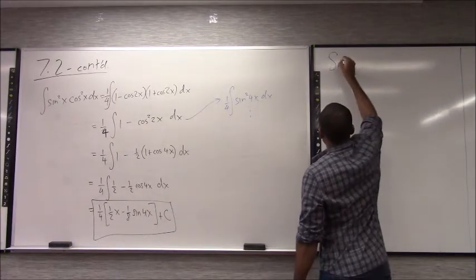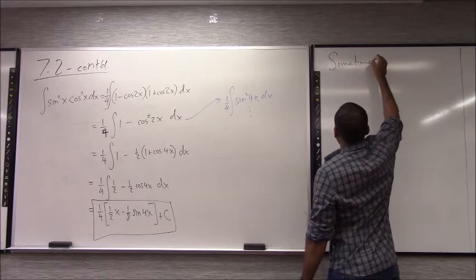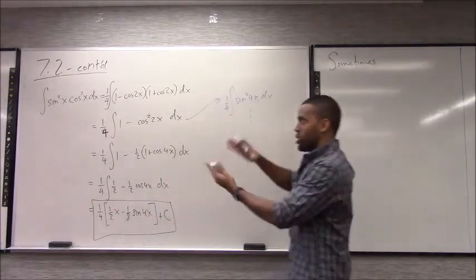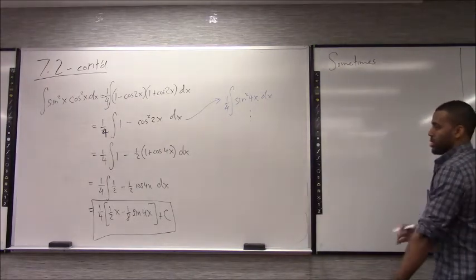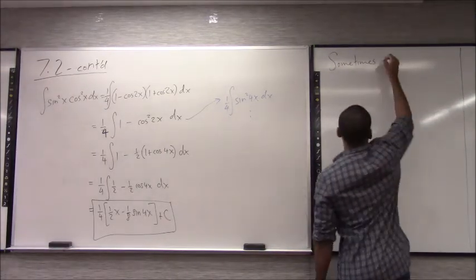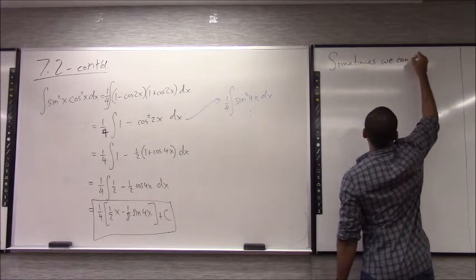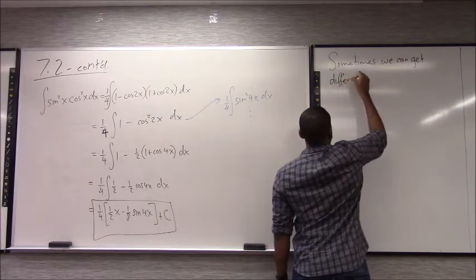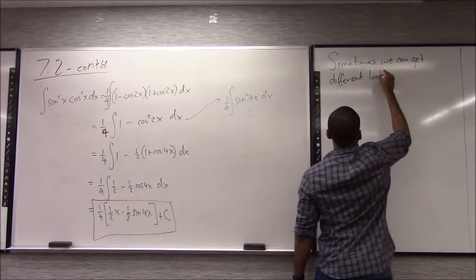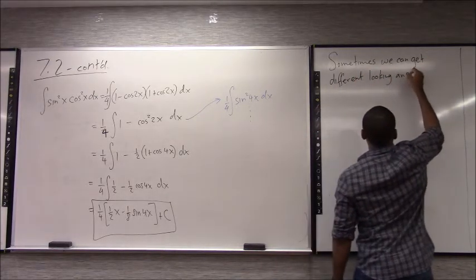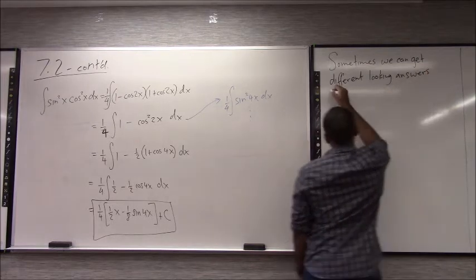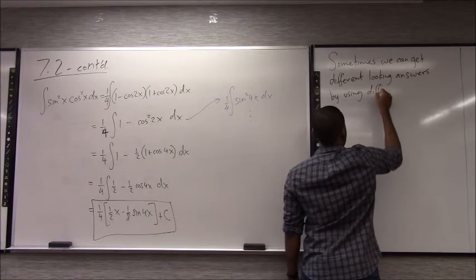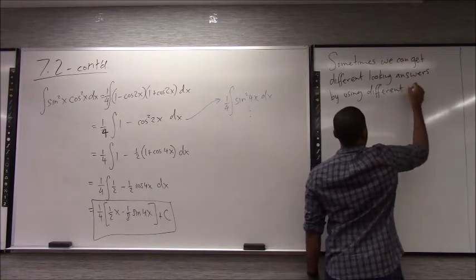So sometimes, and this is true in general, but it's more true with trig functions because there are a bunch of identities that you can use, sometimes we can get different looking answers by using different identities.